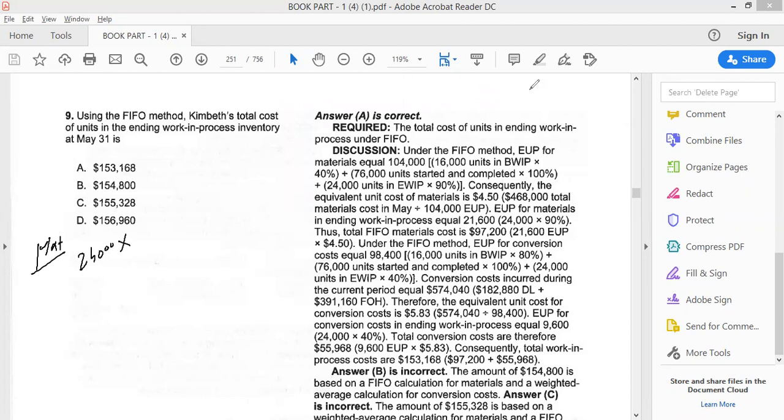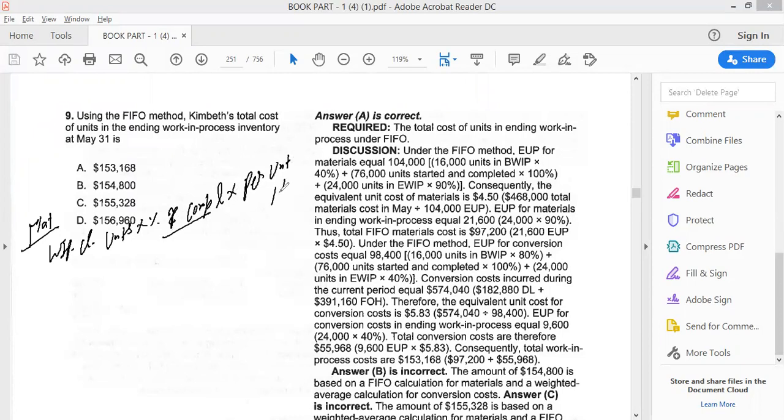Let me first write the formula for your clarity. Material component: we will calculate work in process closing units multiplied by percentage of completion multiplied by per unit material cost.